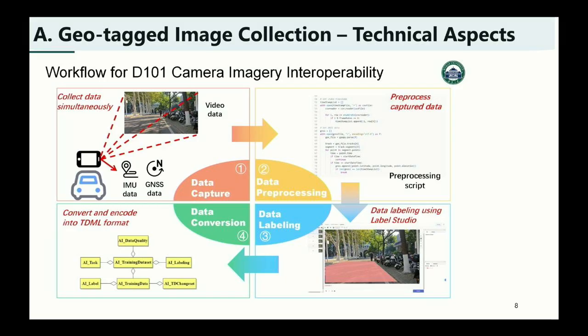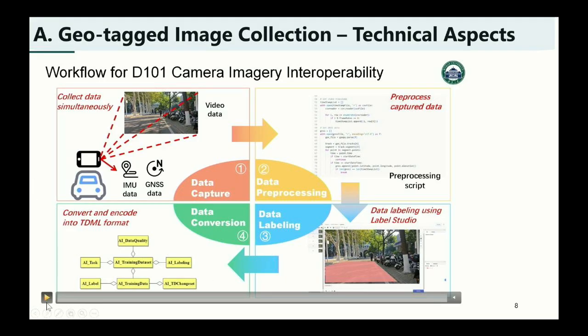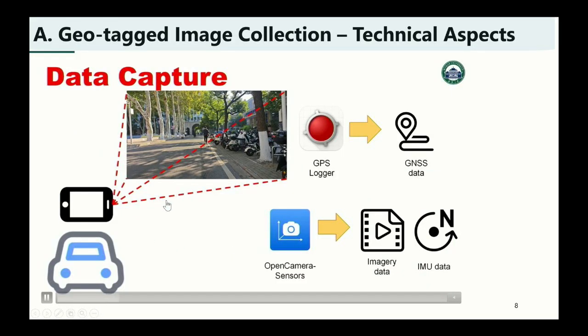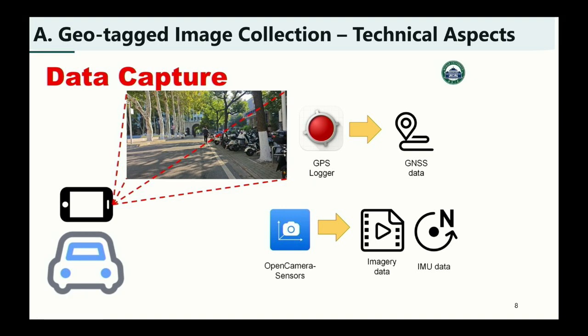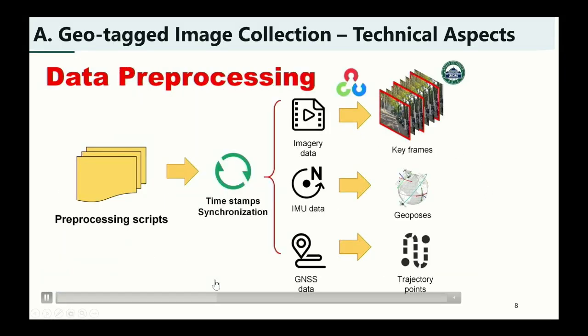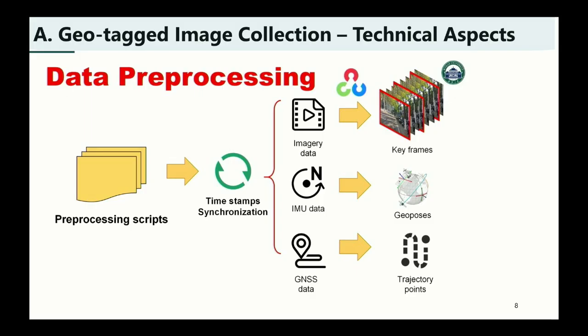We install a smartphone dashboard camera on a vehicle, so that we capture not only the image, but also the location geotag information such as the GNSS data or the orientation data. Then we process it to make so-called GeoPose data to specify the location and direction of the image.